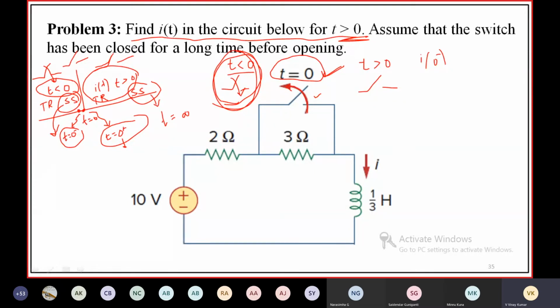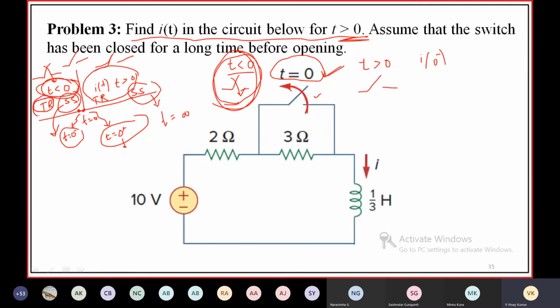So for t less than 0 the circuit would be different, and for t greater than 0 the circuit would be different. We have two circuits, before opening the switch and after opening the switch, so two transient responses and two steady state responses. But here, for t less than 0, you will not bother about this.